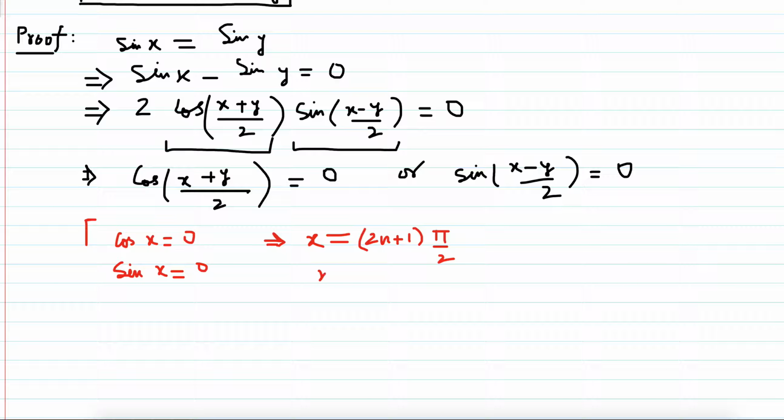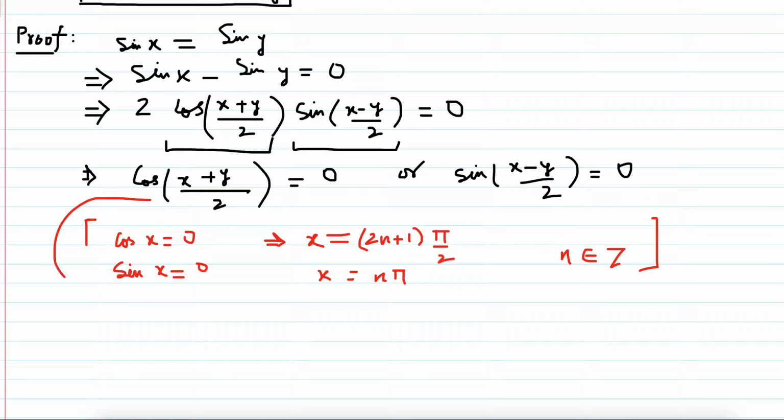So this implies x is equal to n pi. In both these cases n is an integer. So this thing we know.